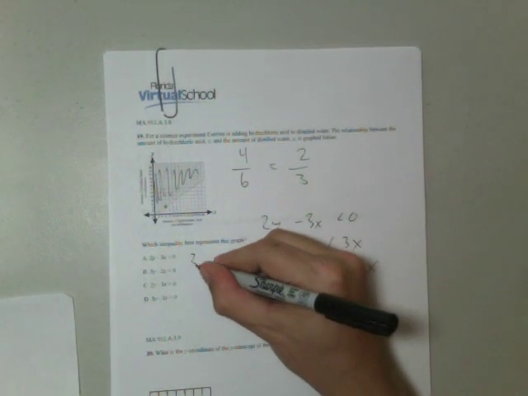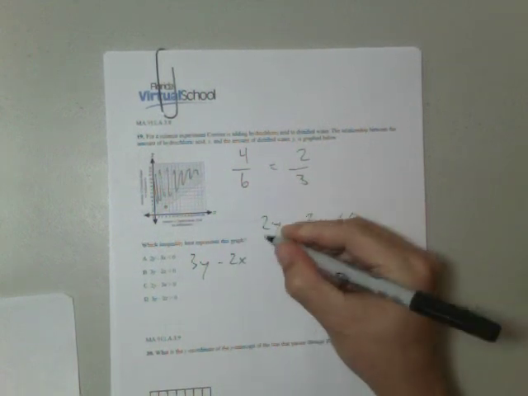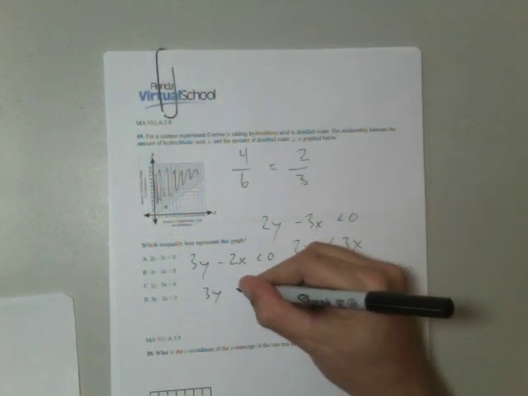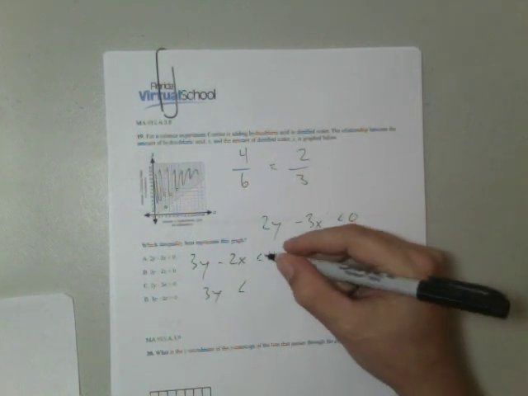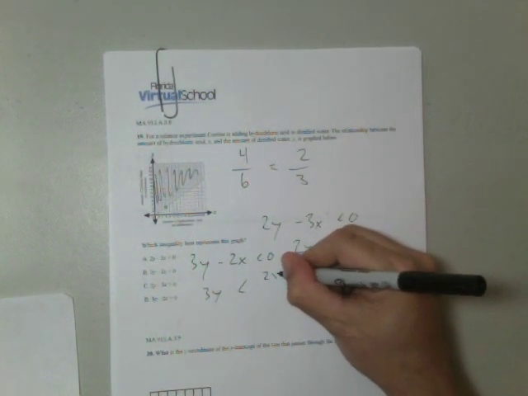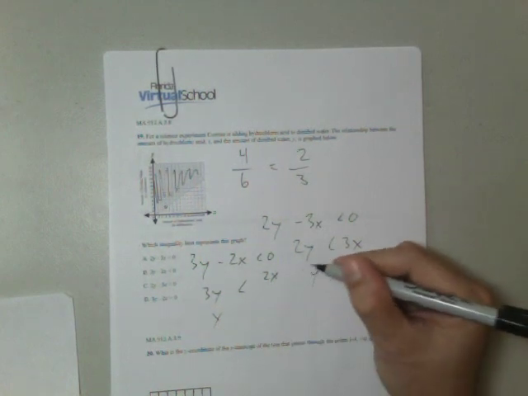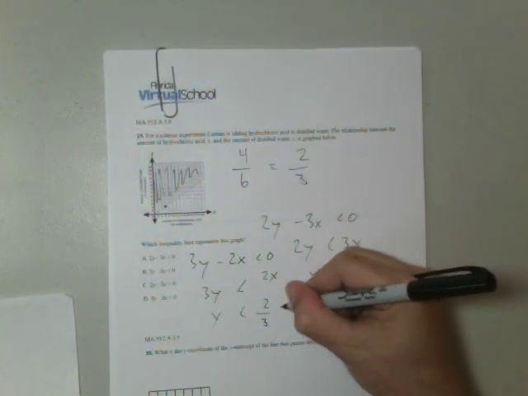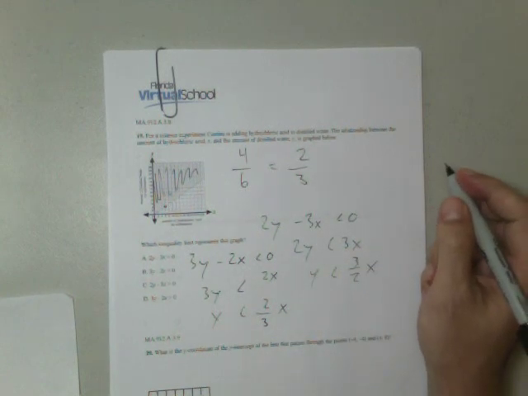Alright, so I try 3y minus 2x is less than 0. Add the 2x. 3y is less than 2x. Divide by 3. y is less than 2/3 x.